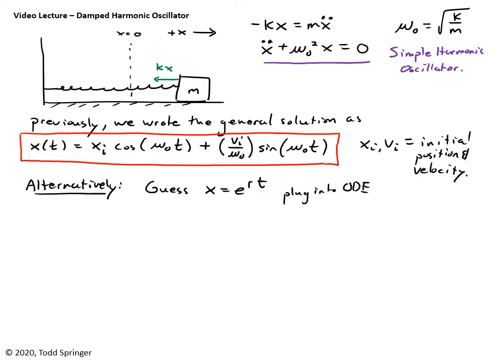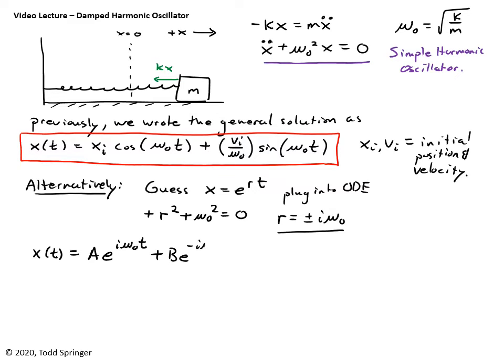What you get for your characteristic equation is minus r squared plus omega 0 squared is equal to 0, which gives r equal to plus or minus i omega 0. So I have complex, or imaginary, solutions to my characteristic equation. And so my general solution is x of t equals some constant times e to the i omega 0 t, plus some other constant times e to the minus i omega 0 t.